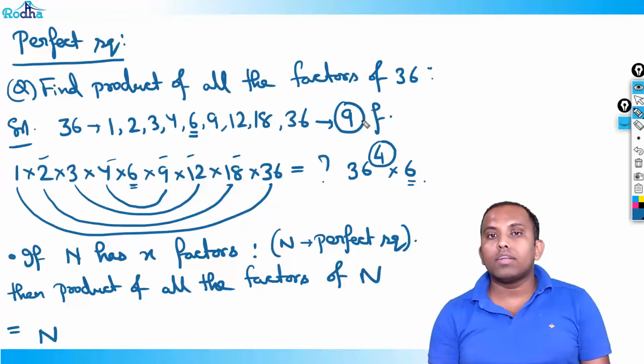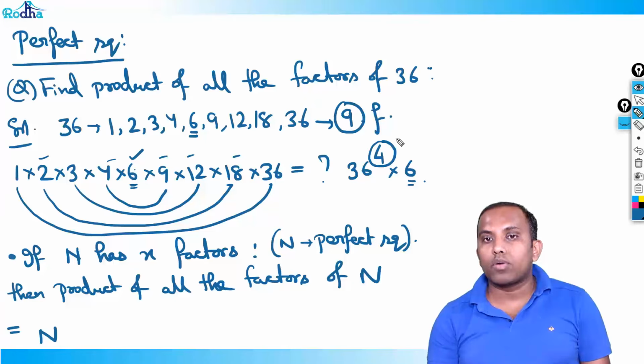If there are 9 factors, I exclude this 6. So I exclude 1 factor. What is 4 here? 9 minus 1 by 2.